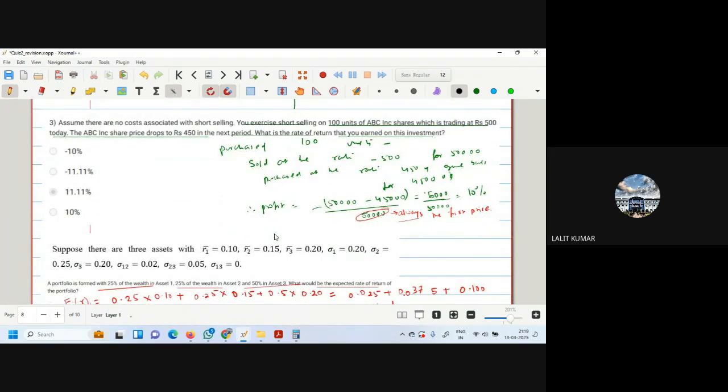Okay, now next question. Assume there are no costs associated with short selling. You execute short selling on 100 units of ABC shares, which is trading at rupees 500 today. The ABC share price drops to 450 in the next period. What is the rate of return that you earned on this investment? In GA, I had done this incorrectly. I had written 11.11.